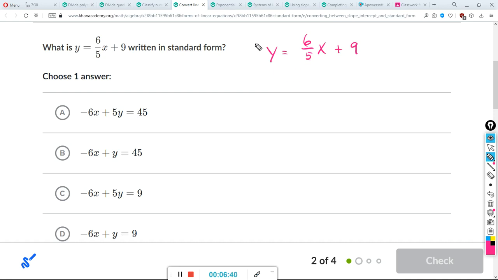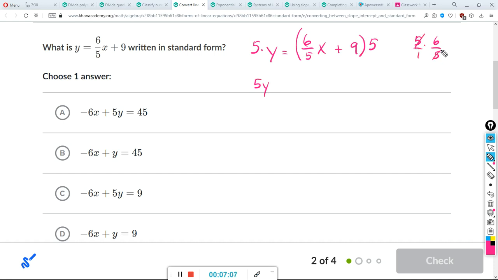So, I'm going to multiply by 5 on the left-hand side. That's just 5 times y. And the other 5, I'm going to multiply on the right-hand side. Alright? So we have 5y and 5 times 6/5. Well, that's easy. 5 times 6 over 5, it's the same as 5 over 1.